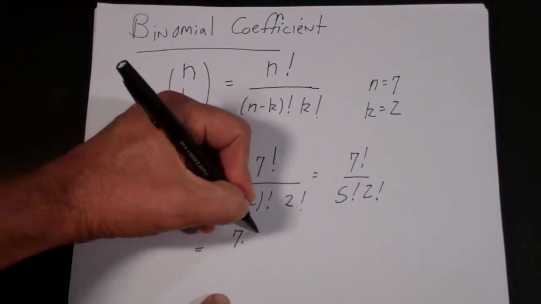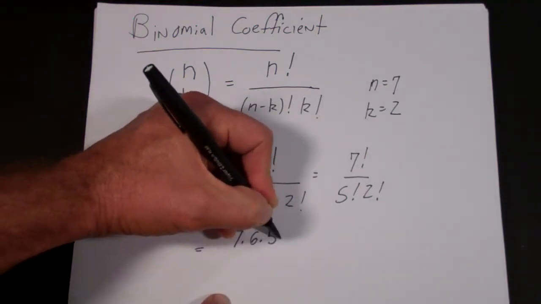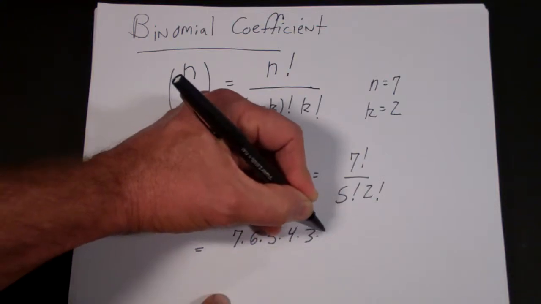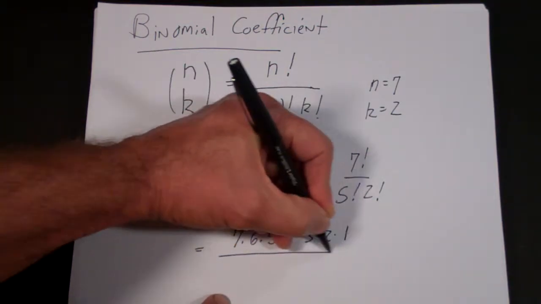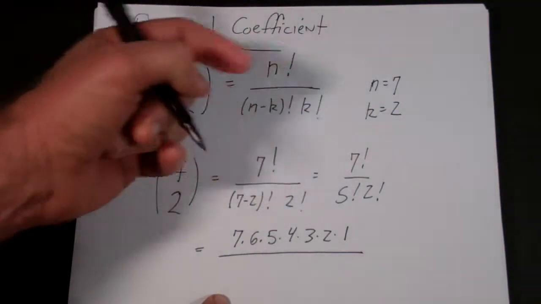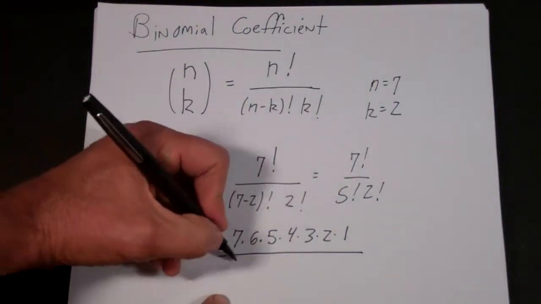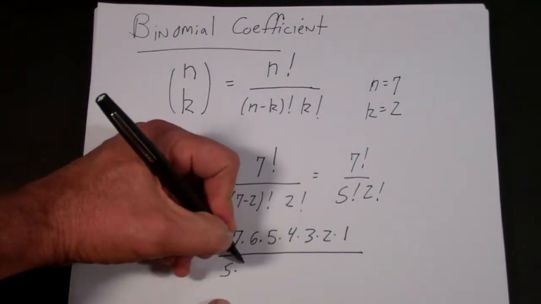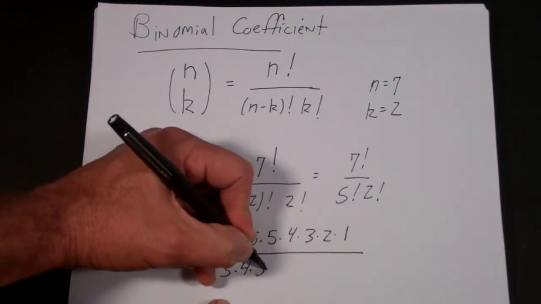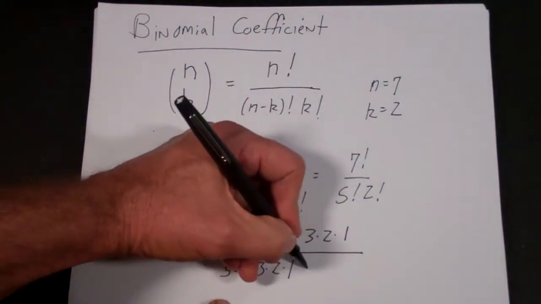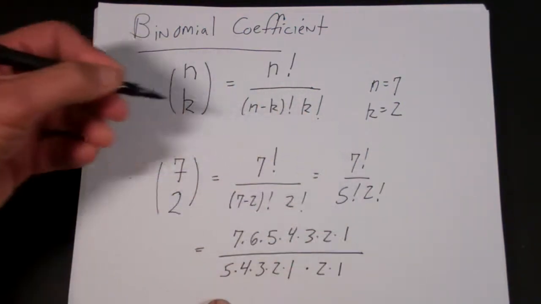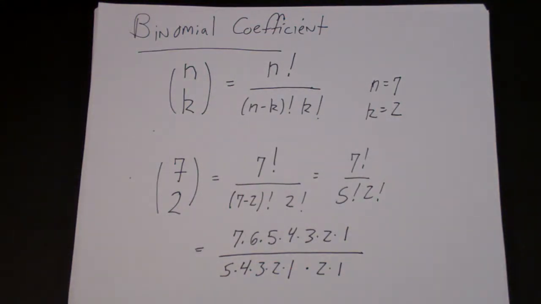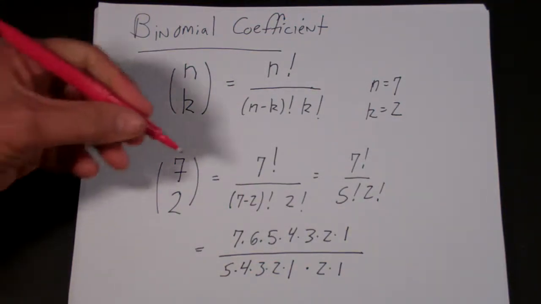7 factorial is 7 times 6 times 5 times 4 times 3 times 2 times 1. That's the definition of factorial. 5 factorial is 5 times 4 times 3 times 2 times 1. And then you multiply by 2 factorial, which is 2 times 1. And if you notice here, a lot of these cancel out.